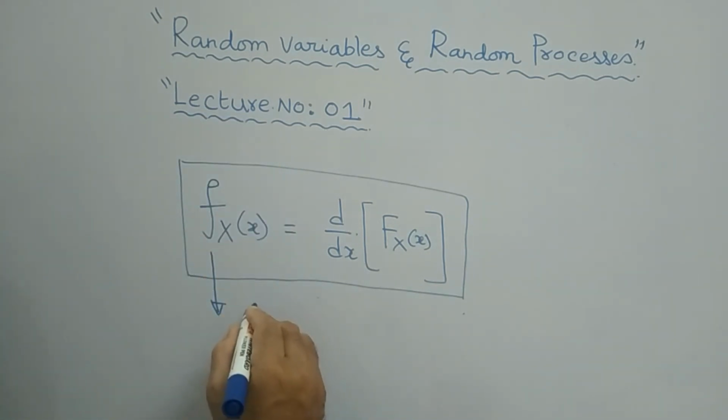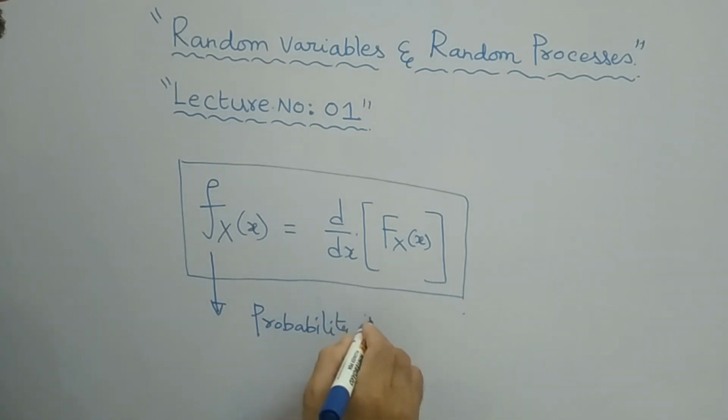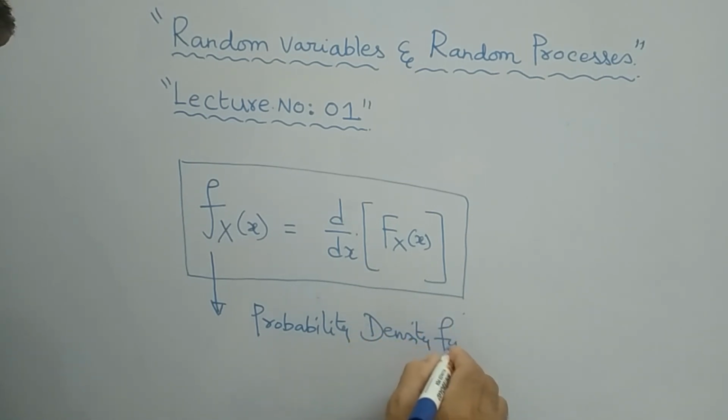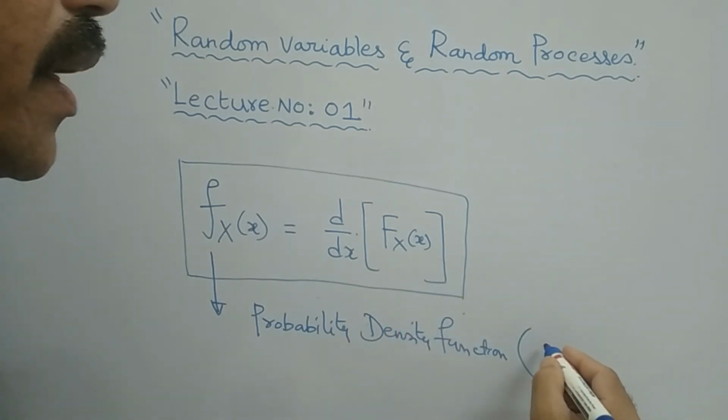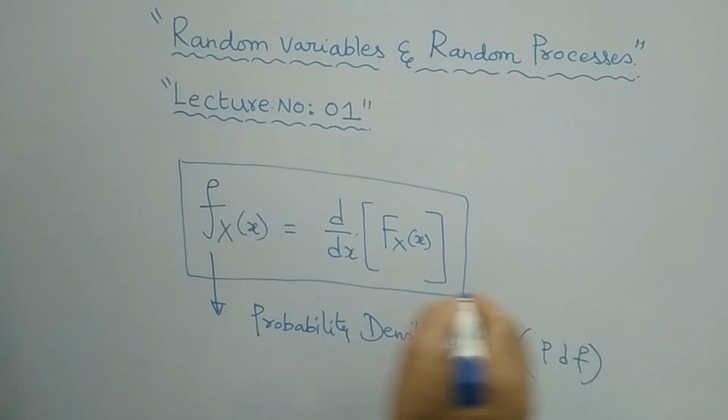This is called the probability density function, and it is always denoted by small pdf, remember that, not capital PDF.